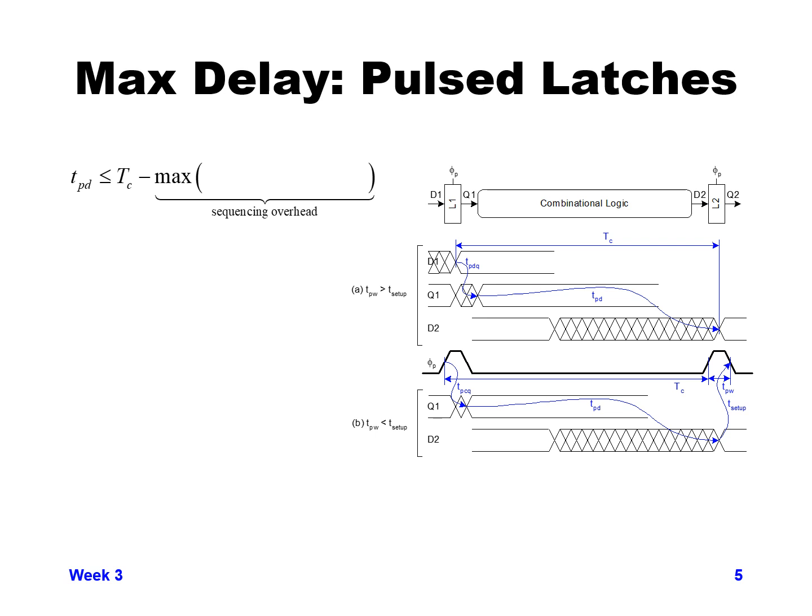So in this case, there are two different possibilities depending on how wide our clock pulse is compared to how long your setup time is of your data to the closing edge of the latch.